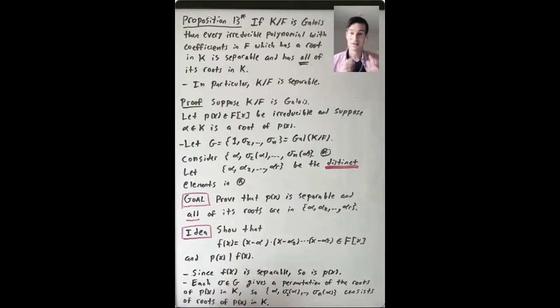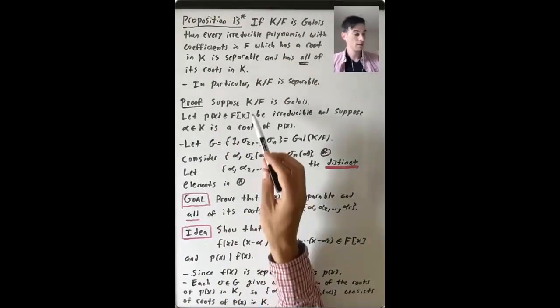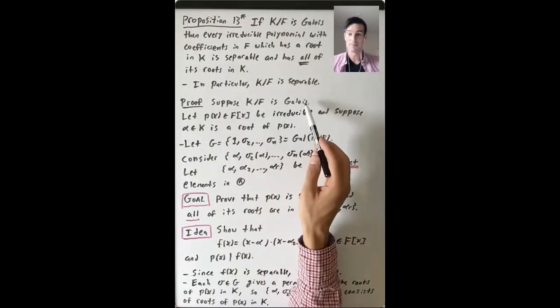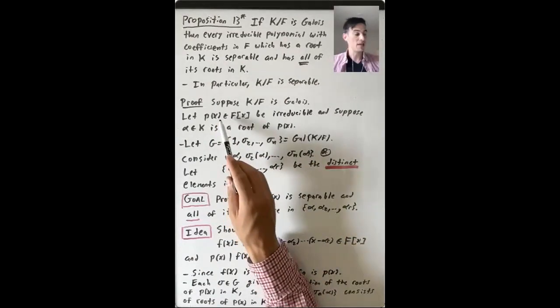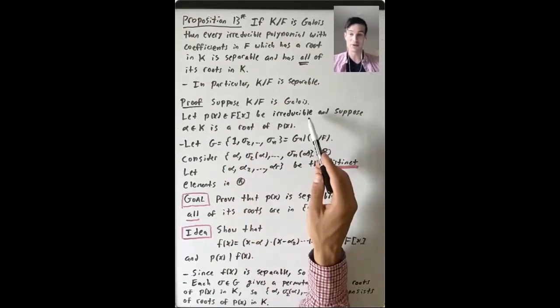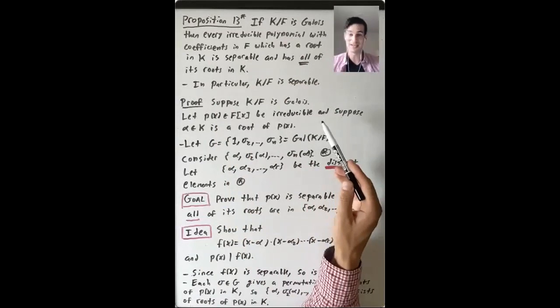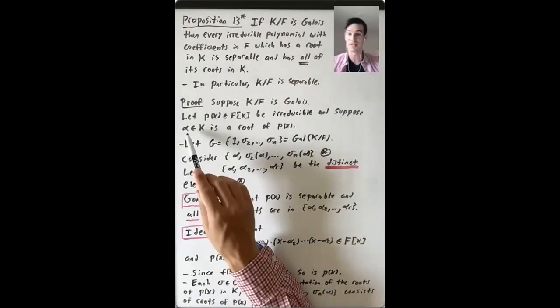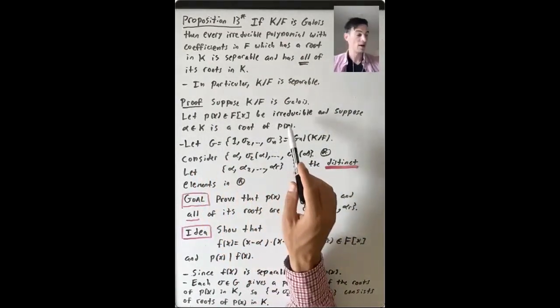Okay, let's do the proof. Suppose that K over F is Galois. Let's say that P of X in F[X] is irreducible, and it has a root in K, so let's name that root. And suppose that alpha in K is a root of P of X.